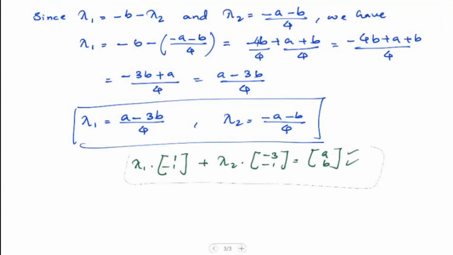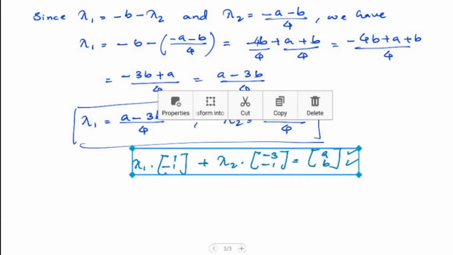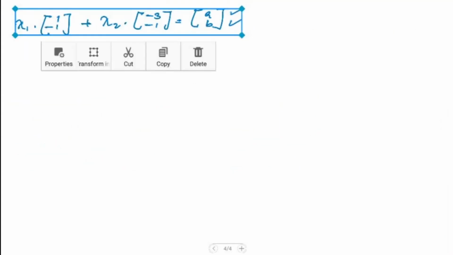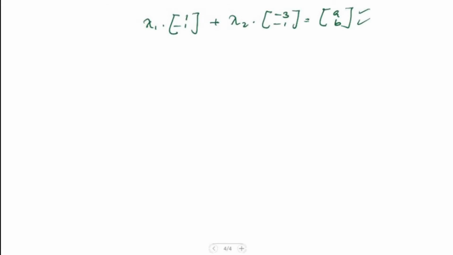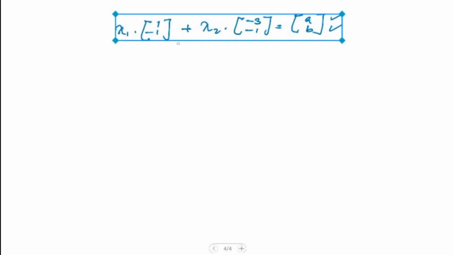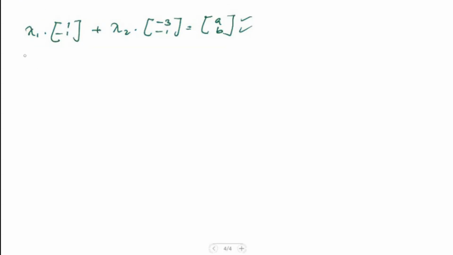I'll copy this equation and let's work it out here now. So we'll replace here lambda 1 with a minus 3b divided by 4 times 1 minus 1 plus we have minus a minus b divided by 4 times minus 3 minus 1.